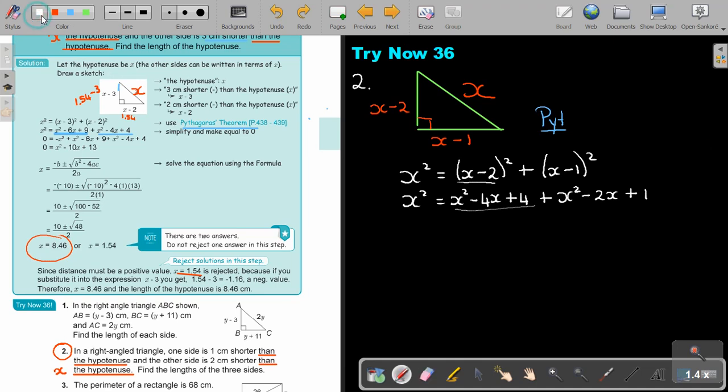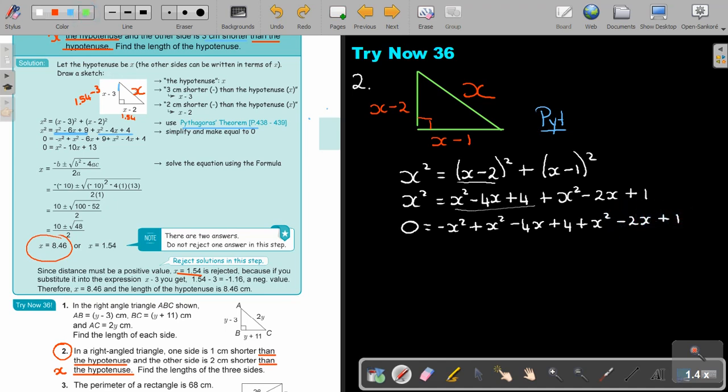Now it's quadratic. You have to take everything to one side, so you're going to get 0. Take this one first over. You can already simplify here, but I'm just going to rewrite and then simplify.